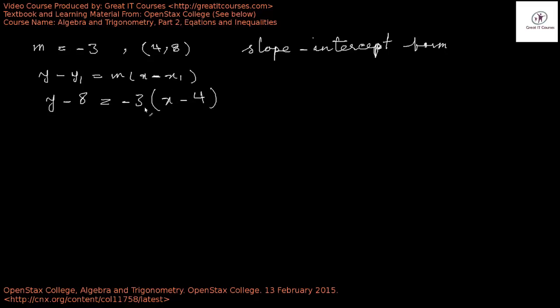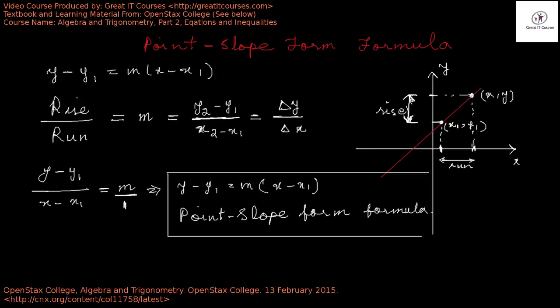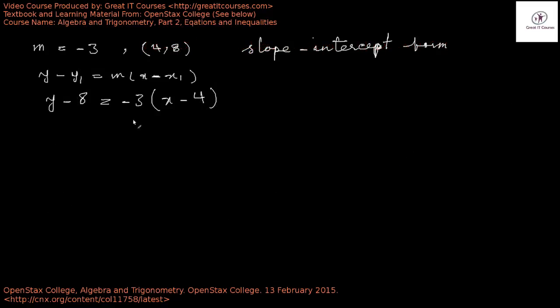But this is not the slope intercept form. This is basically the point slope form. As you can see here, I have the x1 and y1 over here. So this is 1 point, and this is the slope of the form.